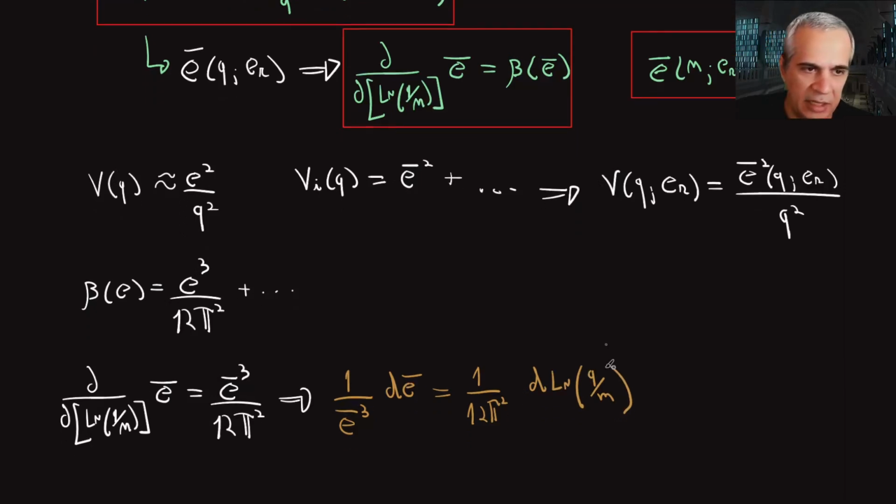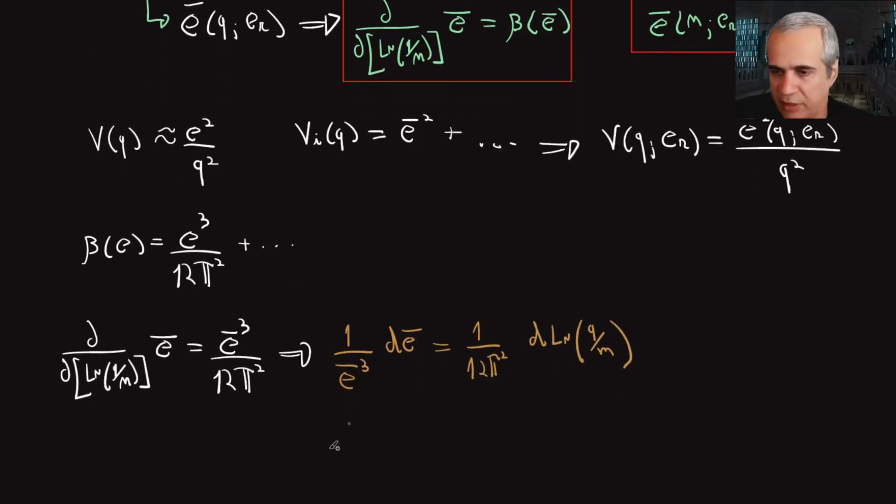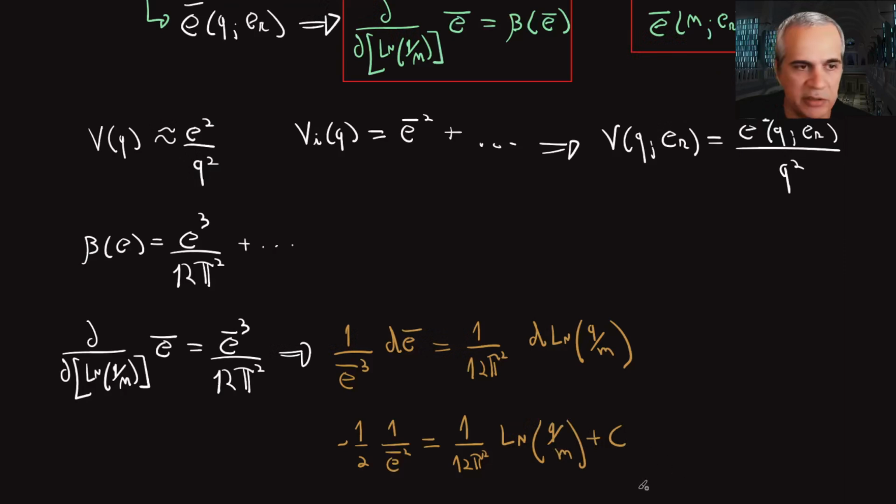Which is readily solvable, right? This is just minus half of 1 over E bar square is equal to 1 over 12 pi square log of Q over M plus some integration constant, right?